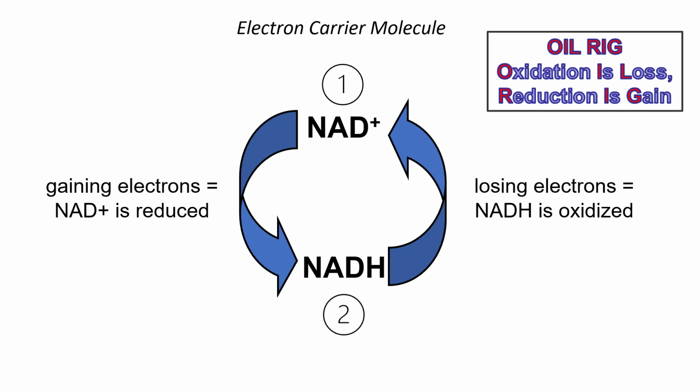And NADH can then lose the electrons. It can become oxidized back to NAD+. So NAD is this electron carrier molecule that has the ability to pick up extra electrons and then also lose those extra electrons. And just remember, oxidation means loss of electrons, and reduction means gain of electrons.